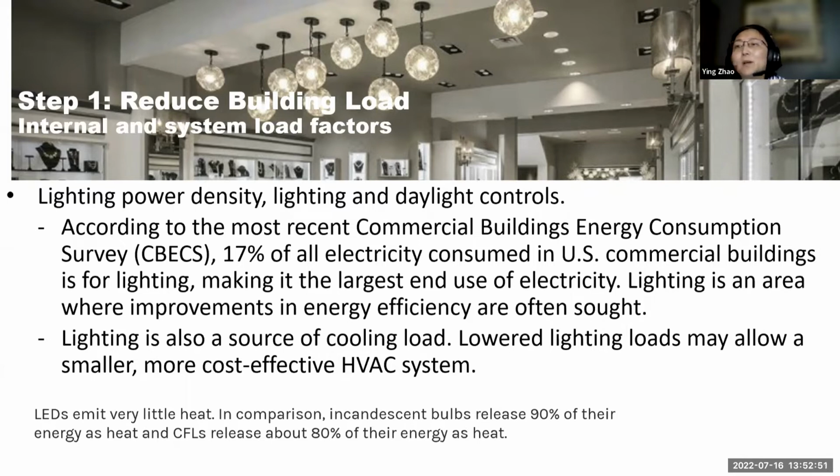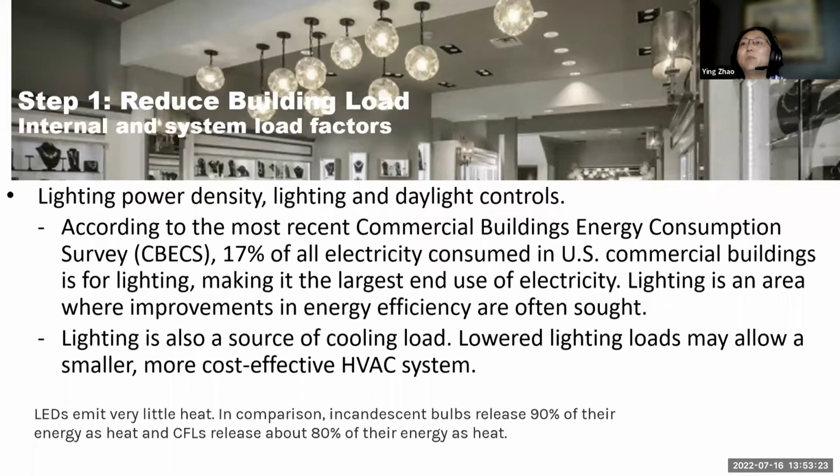So if you use a compact fluorescent, 20% of the lighting power goes to illumination, and 80% goes to heat. So you have less light, and you have to design a large lighting power to meet your illumination requirement for the space.